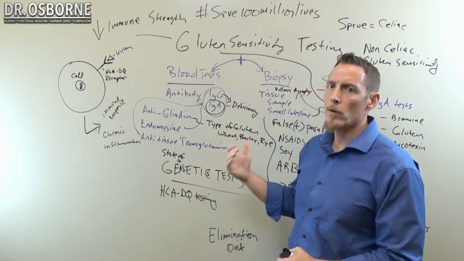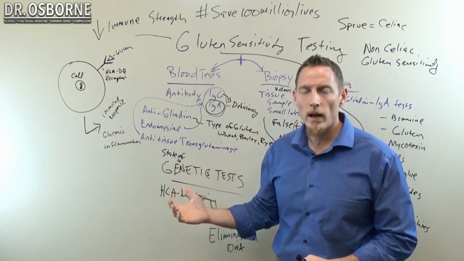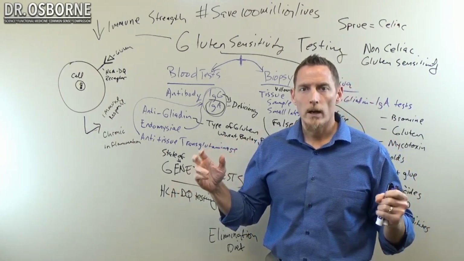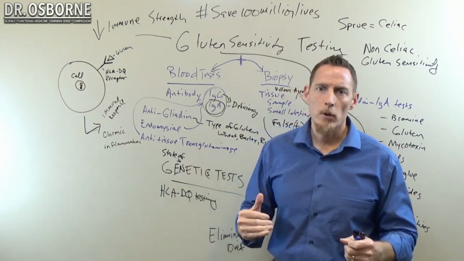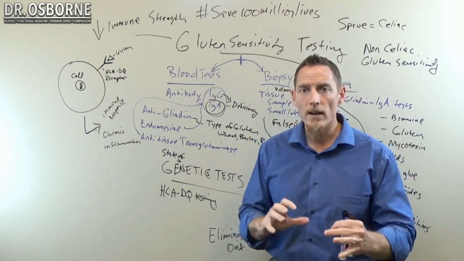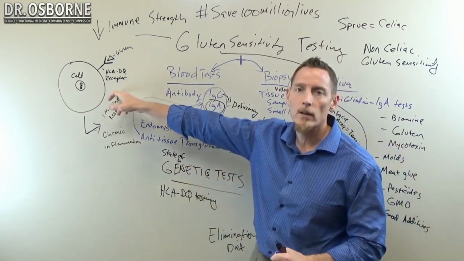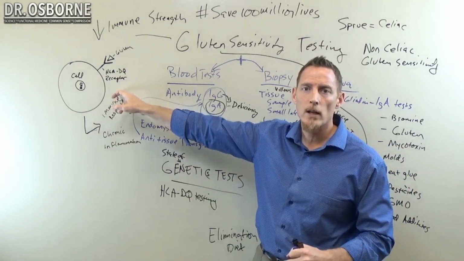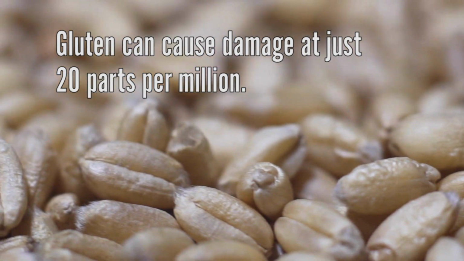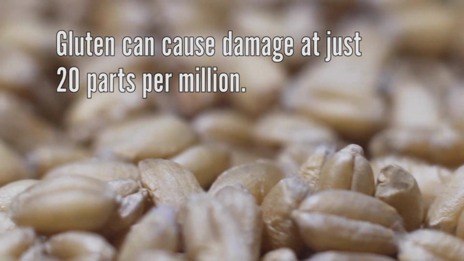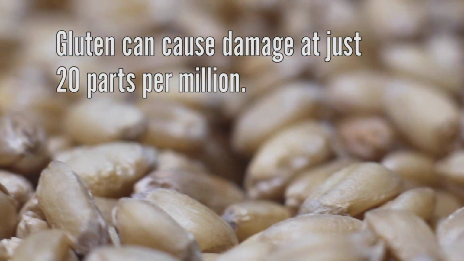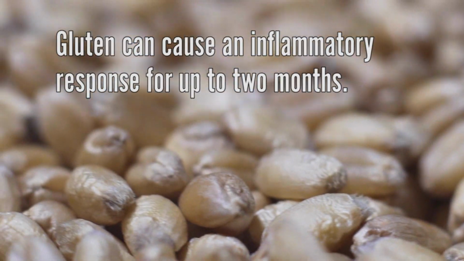Another scenario, some people don't go on a no-gluten diet, they go on a low gluten diet. So they've reduced the quantity of gluten exposure, but they haven't eliminated it, and not knowing because they're not taking it seriously enough because they haven't been properly educated. Gluten can cause damage at 20 parts per million. So that's not a very, very heavy dose. It can cause an inflammatory response for up to 2 months.